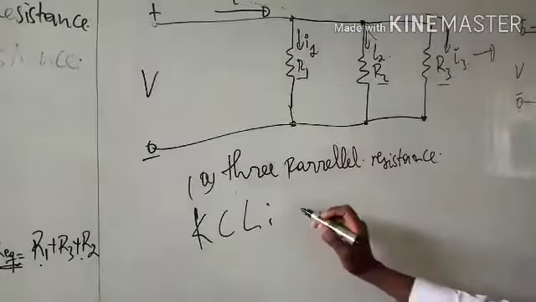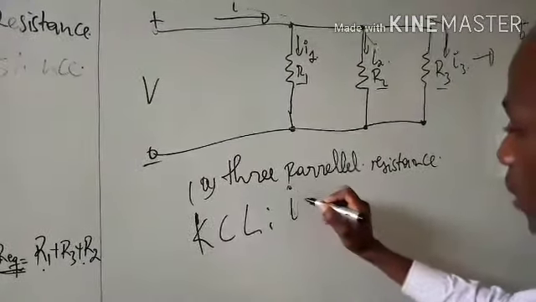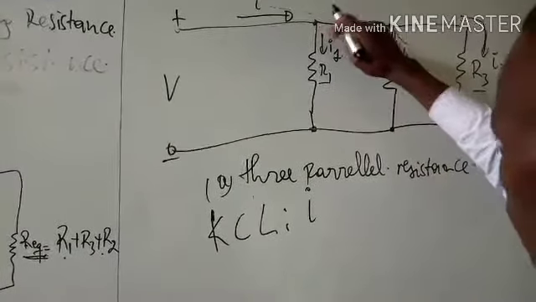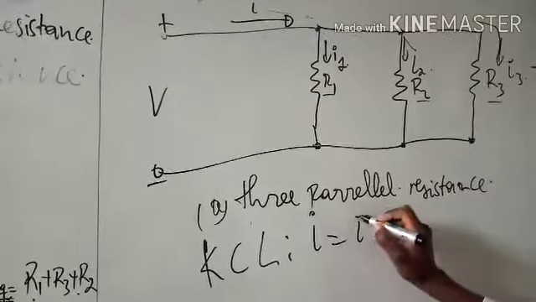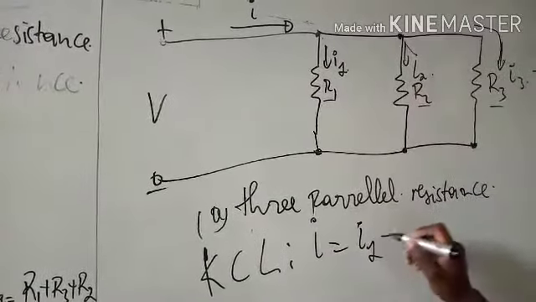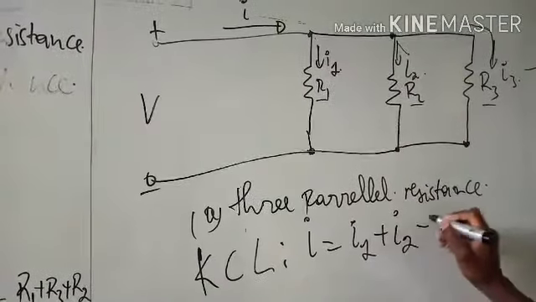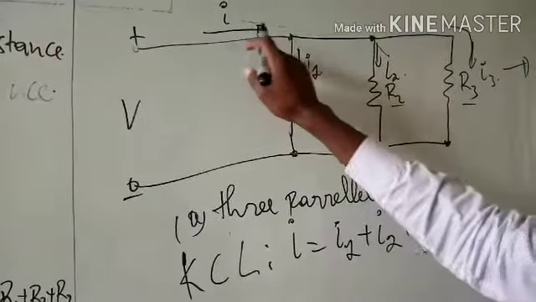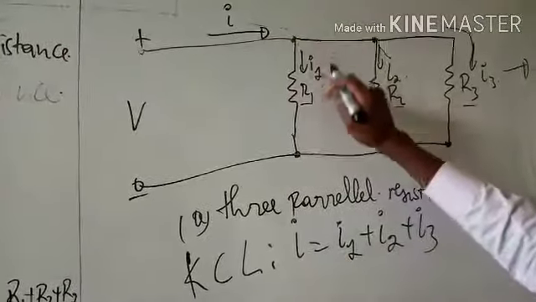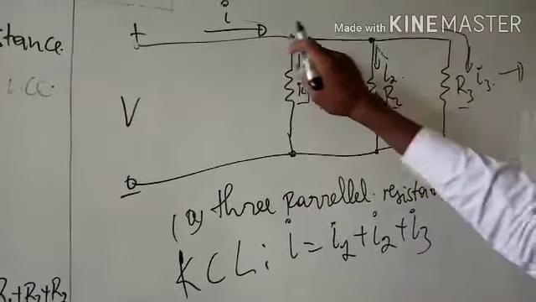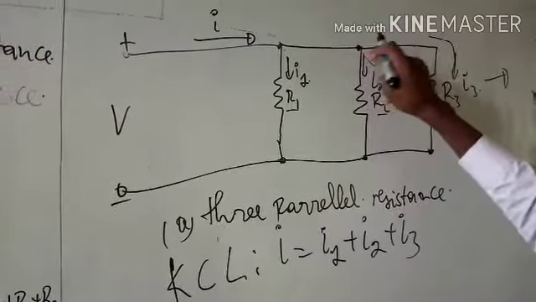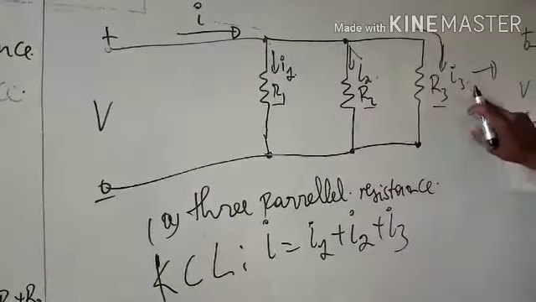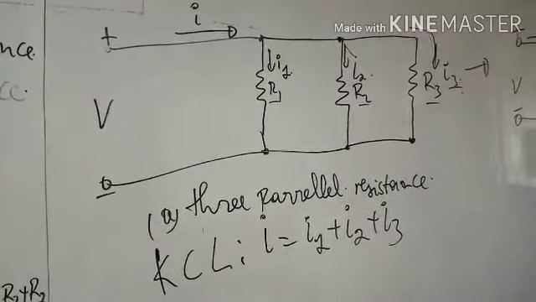So this current will equal current 1 plus current 2 plus current 3, because it is leaving at this node. This current flows here and forms current 1, then continues to this node and forms current 2, and then continues to form current 3.